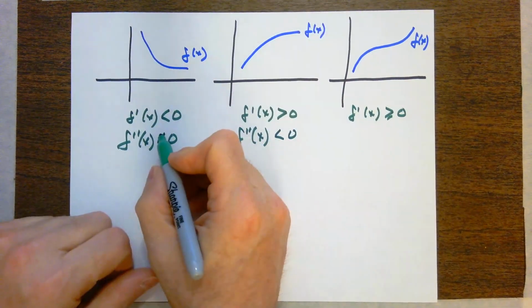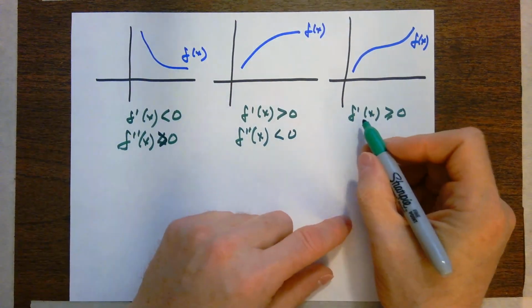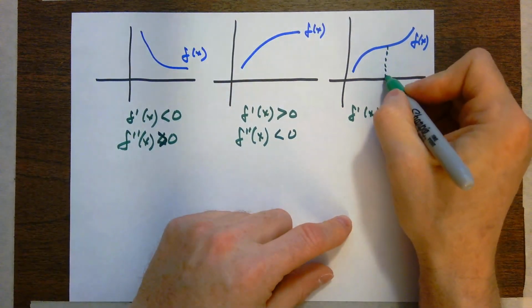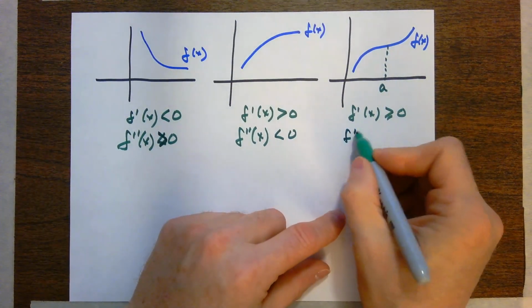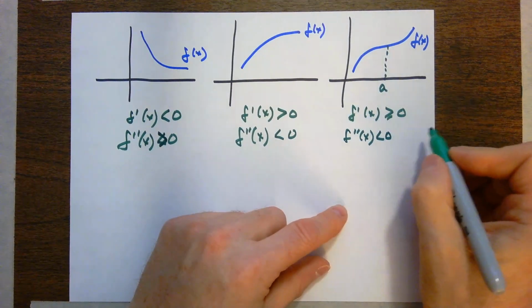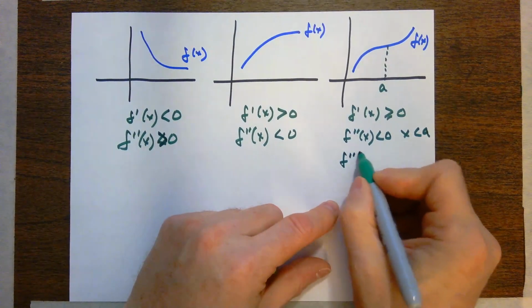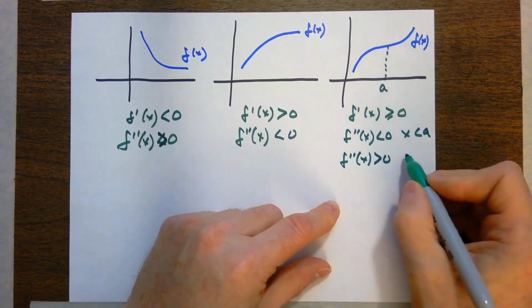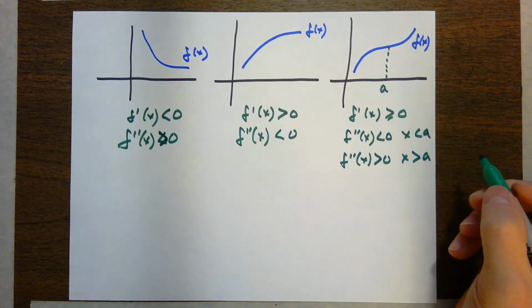Oh wait, this should be greater than 0, shouldn't it? Shouldn't that be greater than 0? And here, notice that at some point it changes. So my second derivative is going to be less than 0 when x's are less than a, and my second derivative will be greater than 0 when x's are greater than a.